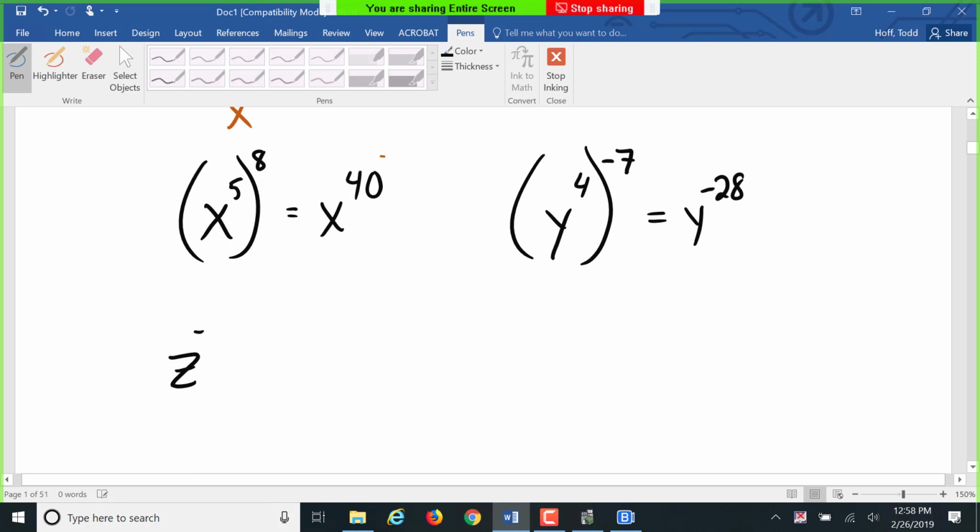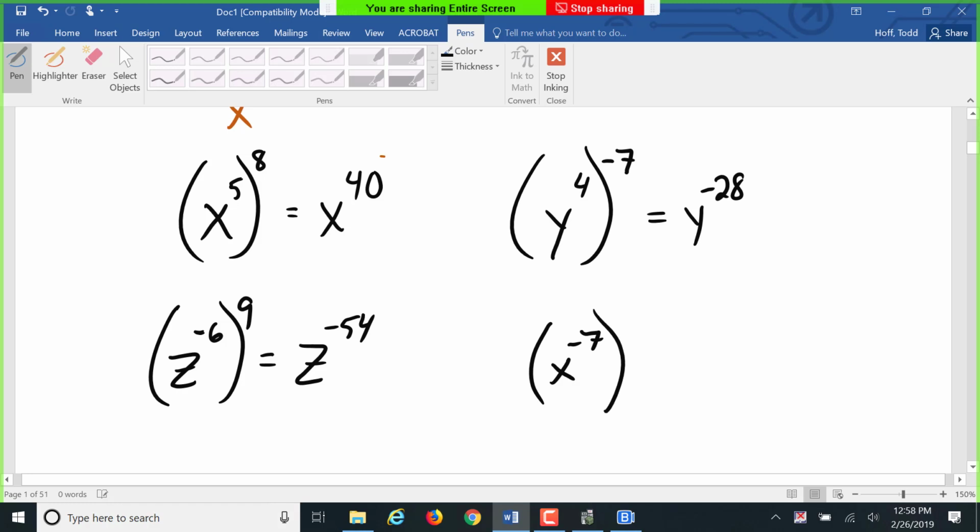Z to the negative 6th to the power of 9. Z to the negative 54. Good. And x to the negative 7th to the power of negative 5. X to the 35th. Very good.